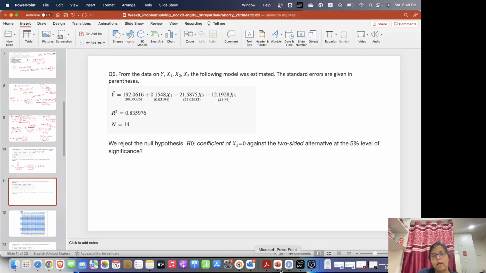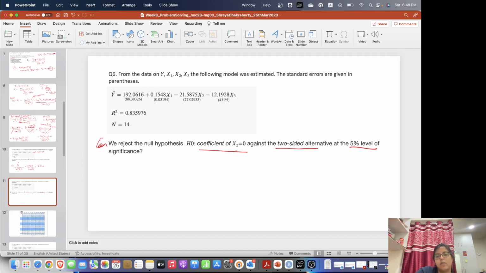Okay. Now we have the same model. We have to find out if we can reject the null hypothesis that the coefficient of x2 is 0 against the two-sided alternative at the 5% level of significance.